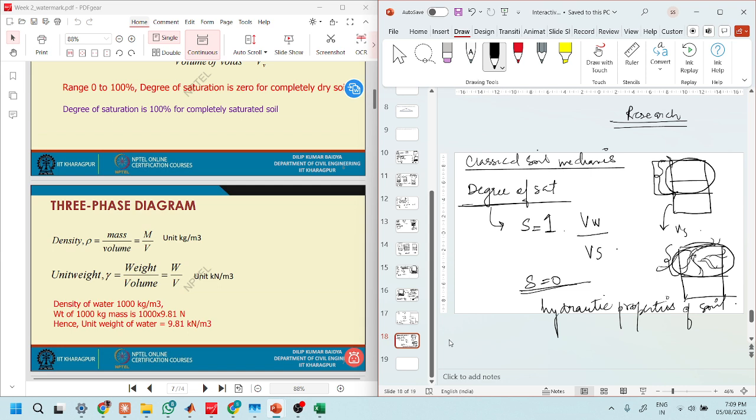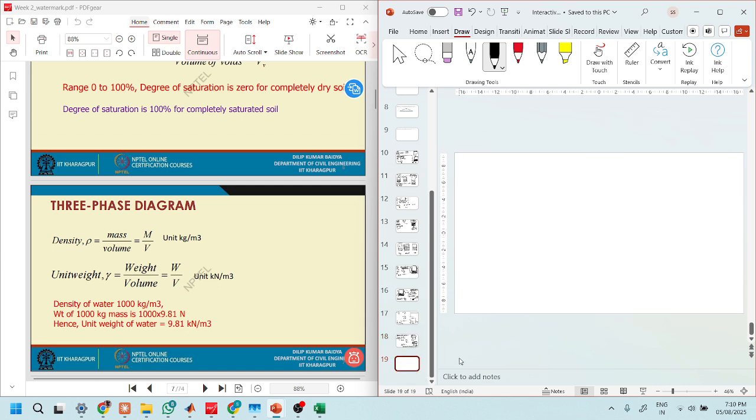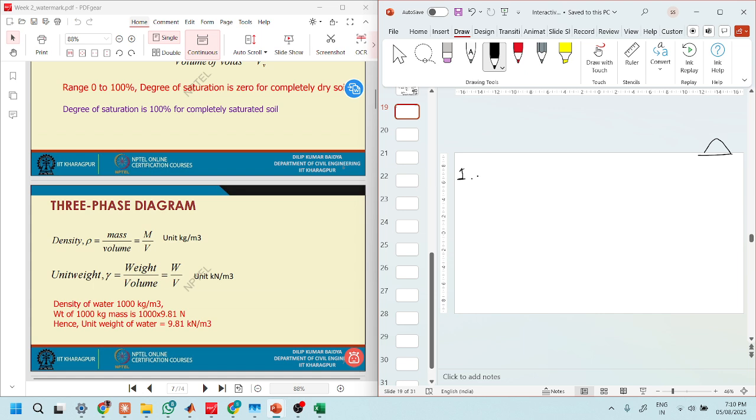Then we have density. Density is very straightforward, but you can have different concepts. Don't think about different kinds of density. Just think about density of soil in different situations. For example, I'm taking a sample of soil, and firstly, I will measure its density in natural state.